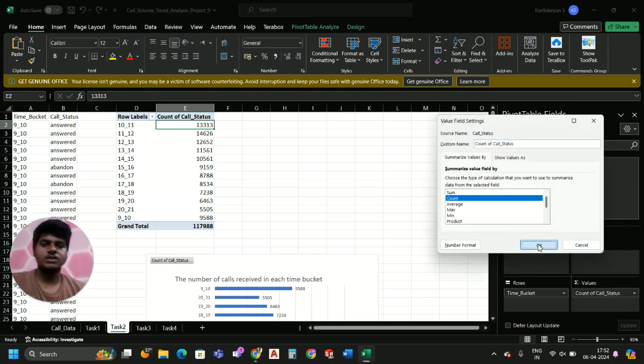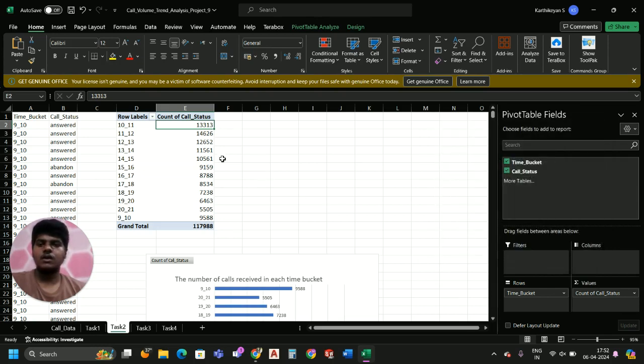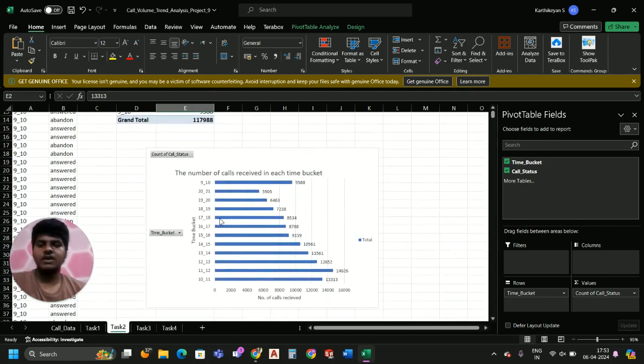Here you can see the highest number of calls received is from 11 a.m. to 12 p.m., that is 14,626. I have created the same chart here. Here 11 to 12 has the highest. When it comes to the lowest, 20 to 21, that is 8 p.m. to 9 p.m., has the lowest number of calls received by the agents.